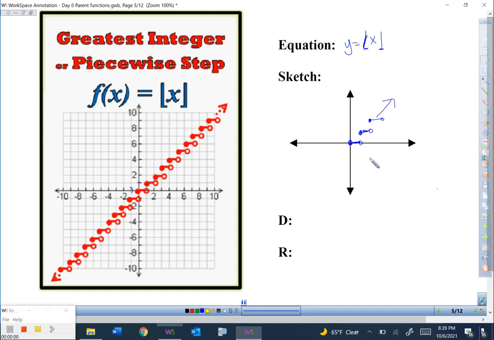After that, just throw an arrow on to say that it'll keep going, and we'll do a couple on this side as well. So below the closed dot you've got an open one to the left of it, and then one more to the side. Because if you look at this graph, the solid dots line up with the open dots, every number is covered.